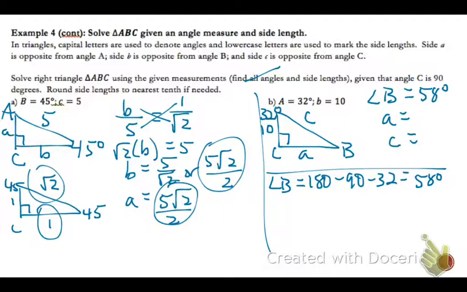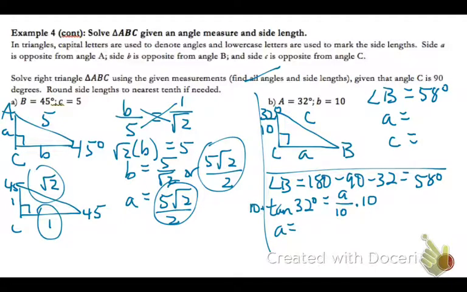Now side A, I'm going to use a trig function, so I've got 32 degrees. I see that A is opposite of 32 and 10 is adjacent. So opposite and adjacent use the tangent. So the tangent of 32 equals opposite, which is A, over adjacent, which is 10.